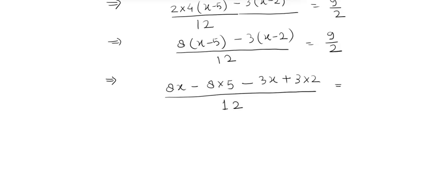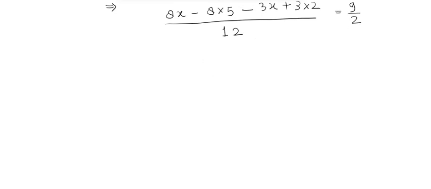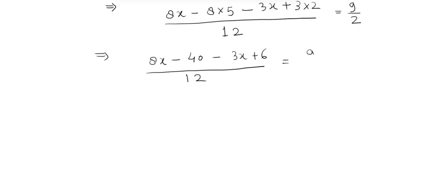RHS as it is, 9 by 2. Now solving this LHS: 8x minus 8 fives are 40, minus 3x plus 3 twos are 6, divided by 12, is equal to 9 by 2.